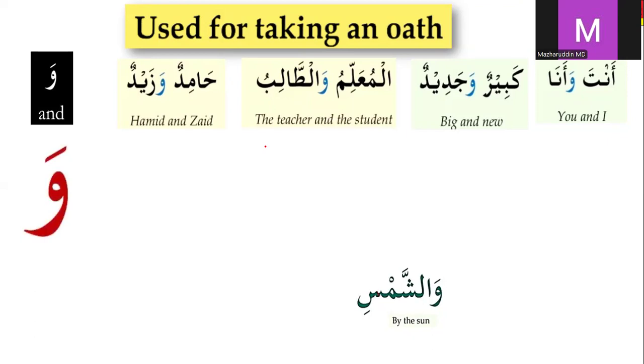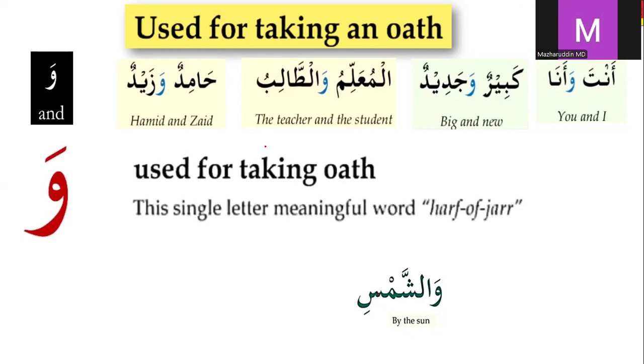So the second waw is used for taking an oath. The second one, that single-letter meaningful word, is harfi jar. When it is used for taking an oath, it works like a harfi jar. Why? Whatever noun comes after waw, it is in majroor state.